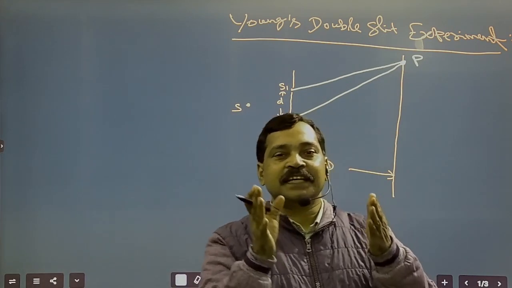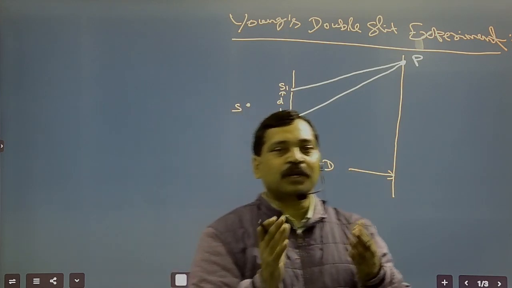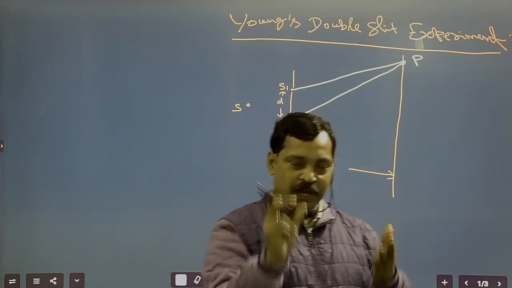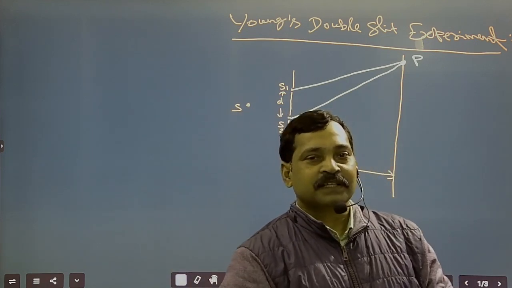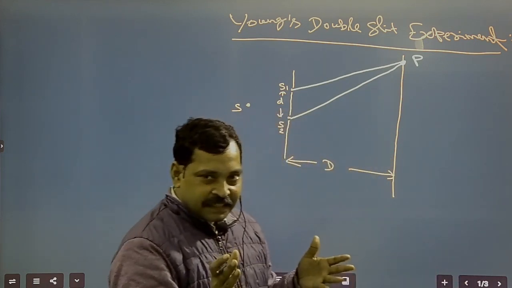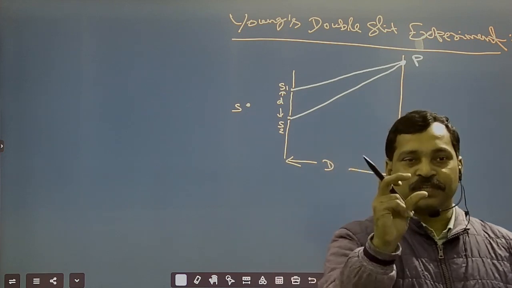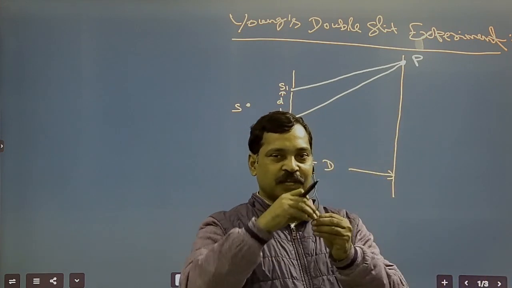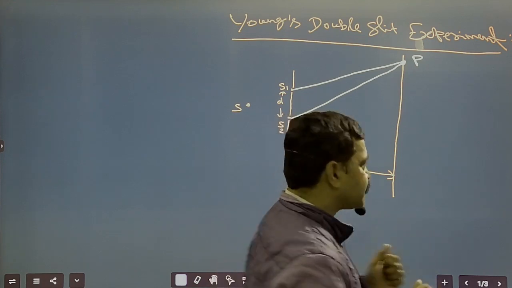In the interference we will find the resultant displacement of the waves, and due to that what the intensity will be, how to find the fringe width, and what types of fringes are produced from the center of the screen to that point. That we will be discussing.